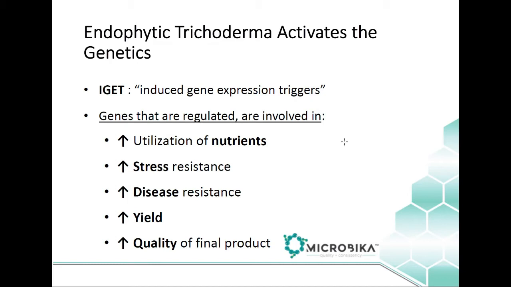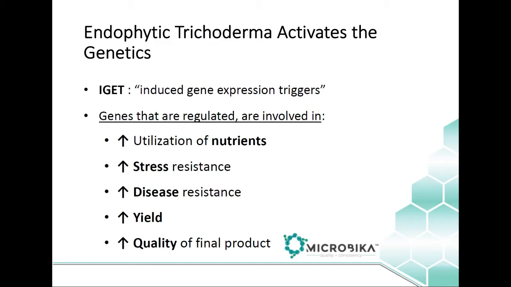And then also genes involved in how the plant will resist disease or infection, and all the genes involved in energy metabolism, the energy economy of the plant, or the productivity of the plant that will eventually give you yield. And as I mentioned before, also genes involved in the quality of the end product, for example, antioxidants.